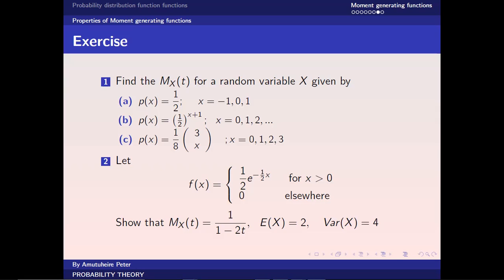Excuse me, sir. Yes, please. Why don't you do for us that part? For example, you do for us part A. Okay, part A is surely easy.